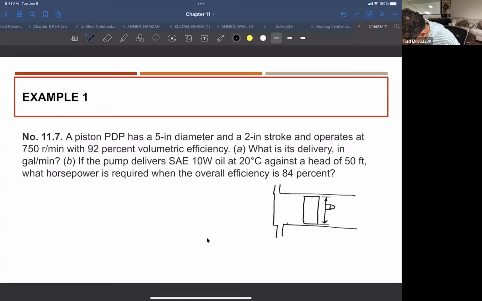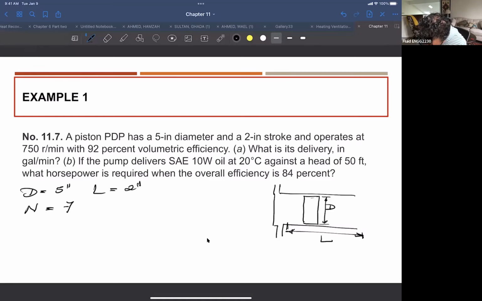This is the diameter, stroke is L, right? So D is 5 inches, L is 2 inches, and it operates at N equals 750 RPM with volumetric efficiency, eta volumetric, of 0.92.